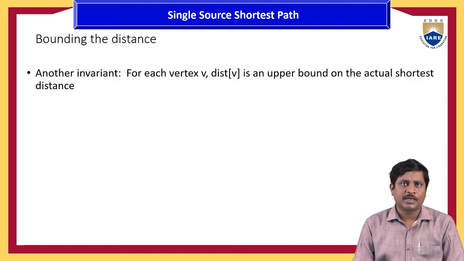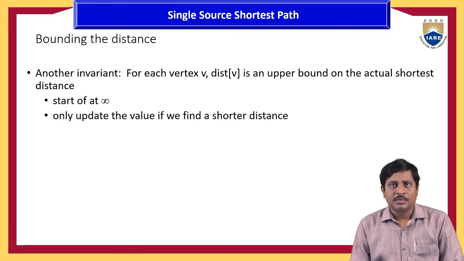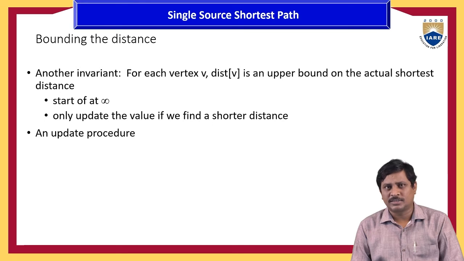Now, bounding the distance. This is another variant. For each vertex V, distance of V is an upper bound on the actual shortest distance. Initially we take the distance values as unknown, represented by infinity.